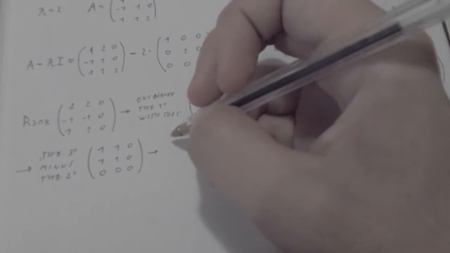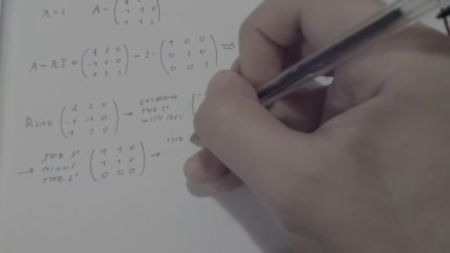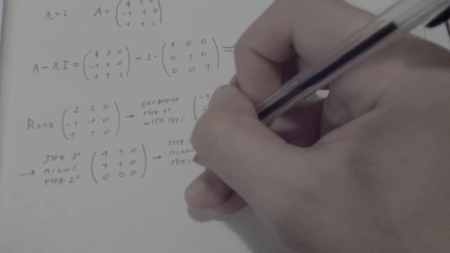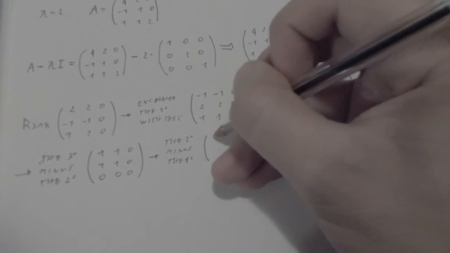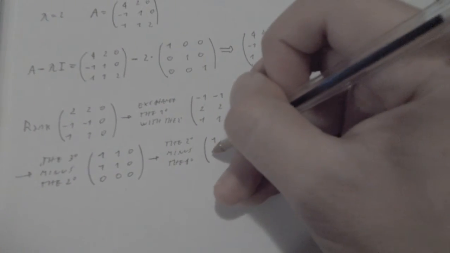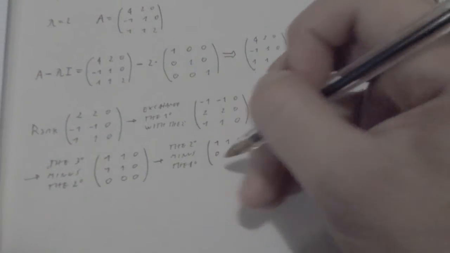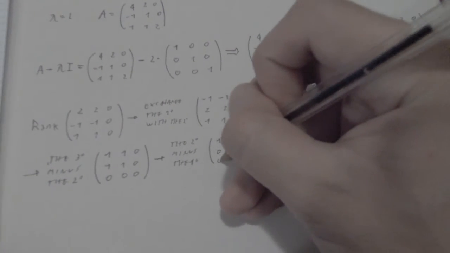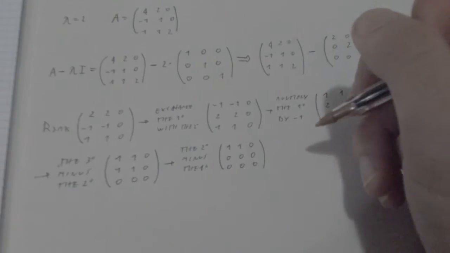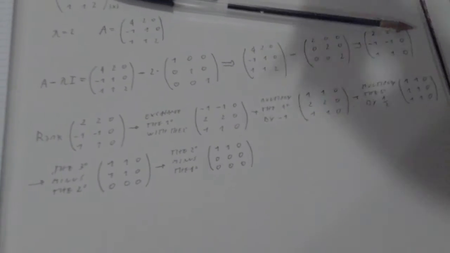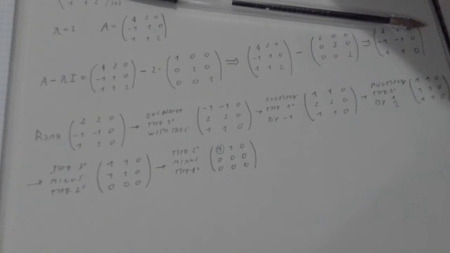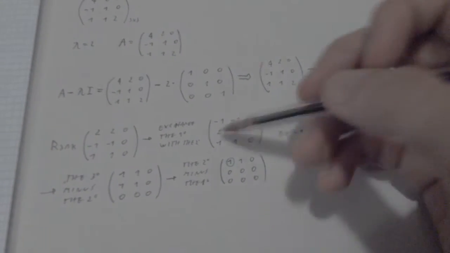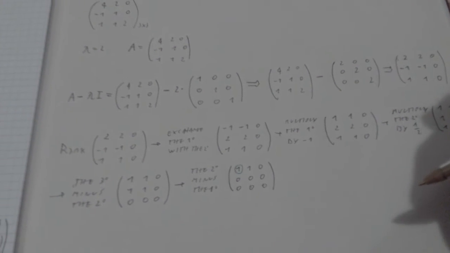And then the second row minus the first row, which gives 0 0 0 as well. So this is our only pivot over here, because all the other rows are linearly dependent.